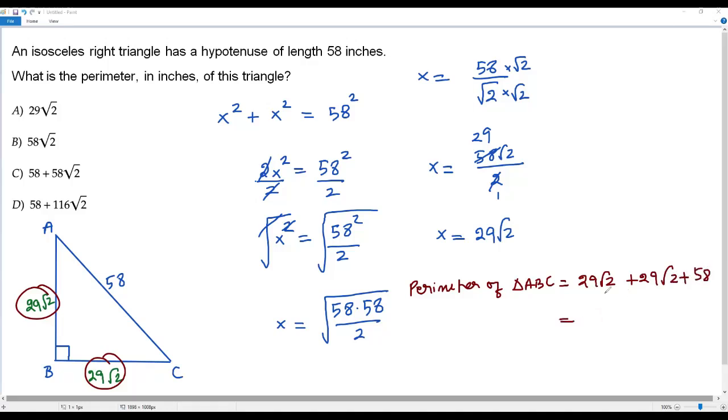When I add 29 square root of 2 and 29 square root of 2, I'm getting 58 times square root of 2, because these two terms are like terms, both containing the square root of 2. Plus 58. We can write the 58 first, then I'm getting 58 plus 58 square root of 2. So this is the perimeter of the given isosceles right triangle. We find this in option C. So the correct answer choice for this one is option C.